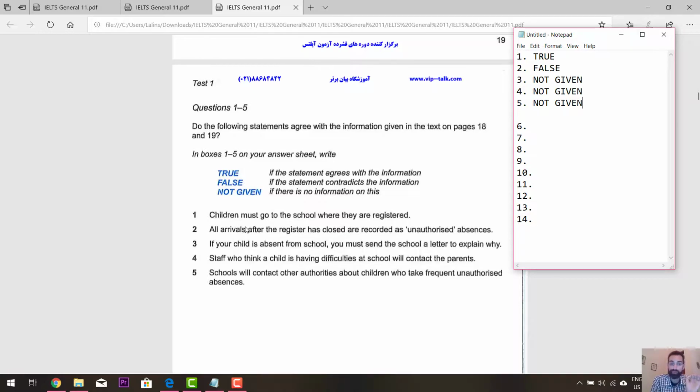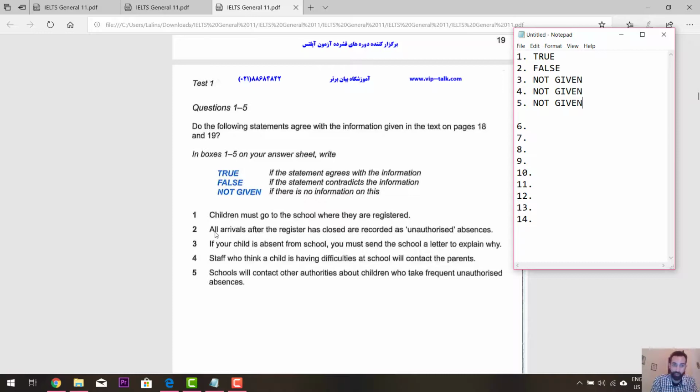And with 2, all arrivals after the register has closed are recorded as unauthorized absences. In that case, they said some arrivals are okay if they have the proper excuse, and it will be an authorized absence.